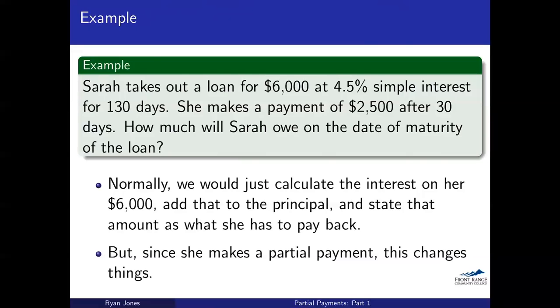And so let's go ahead and look at the first section of this loan. Let me give myself a new, blank page. And I actually want to have a timeline here. So we're going to start right here, and we're going to end right there.